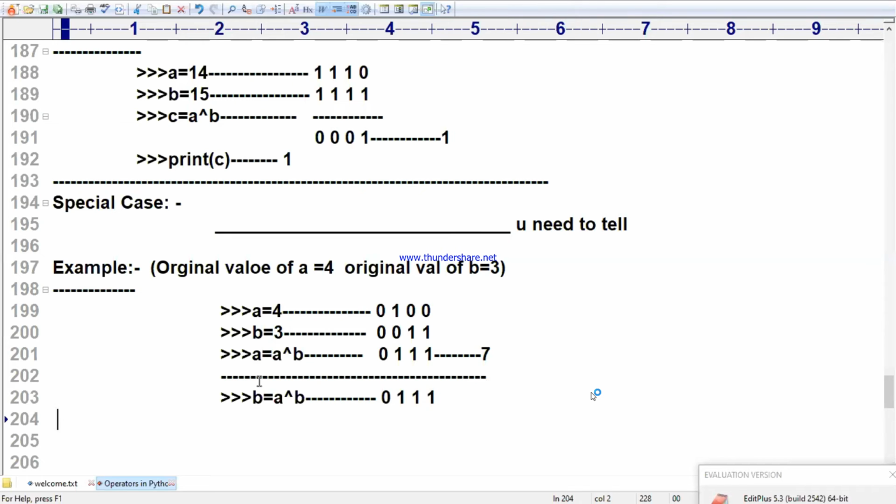Now B value: A cap B. The B value is 0 0 1 1, which is 3. Now do that operation.